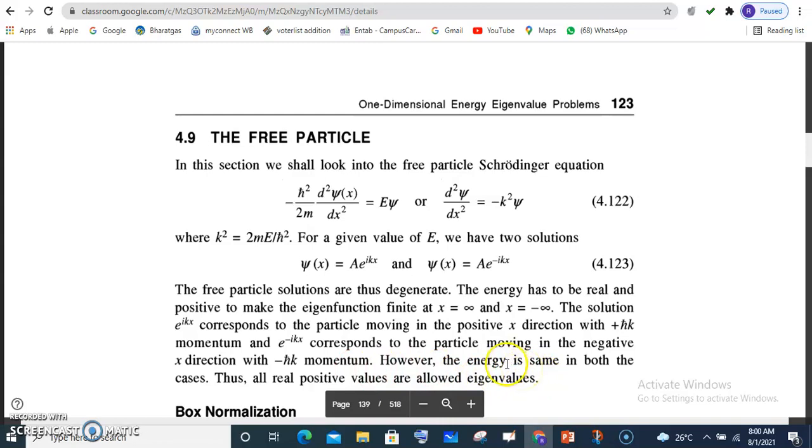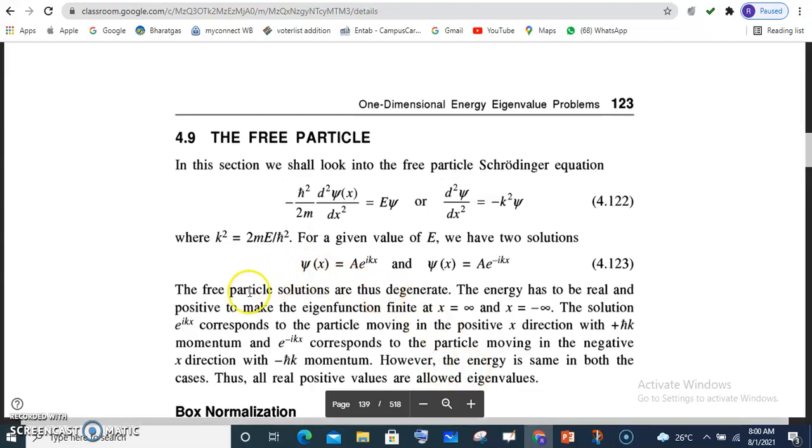But the energy is the same in both the cases, and all real positive eigenvalues are the allowed eigenvalues.